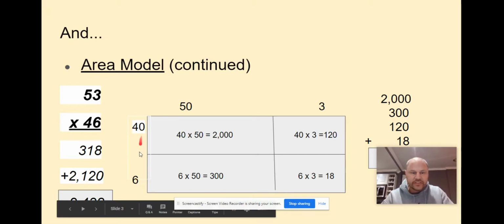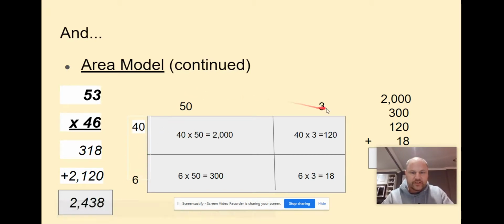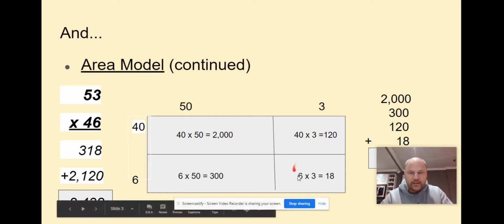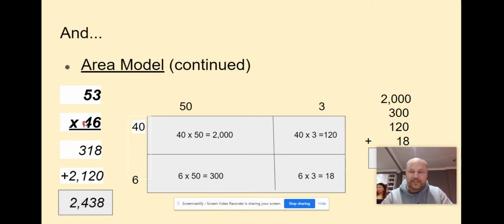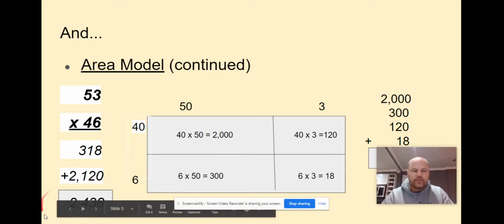So here's the 6 from 46, and here's the 3 from 53, and they would multiply to get 18, and then the 6 times 50 would get 300. So you could say together that's 318, and then 40 times 3 over here is the 120, and 40 times 50 is 2000. Add them back together, and then you would end up with this.